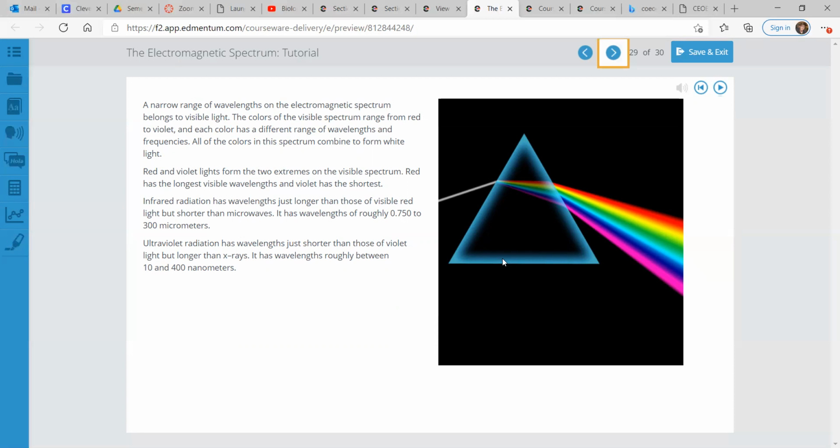Red and violet lights form the two extremes on the visible spectrum. Red has the longest visible wavelengths. Violet has the shortest. Infrared radiation has wavelengths just longer than those of visible red light, but shorter than microwaves. Ultraviolet radiation has wavelengths just shorter than those of violet light, but longer than X-rays.